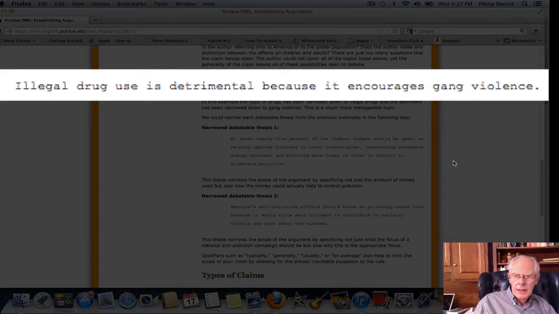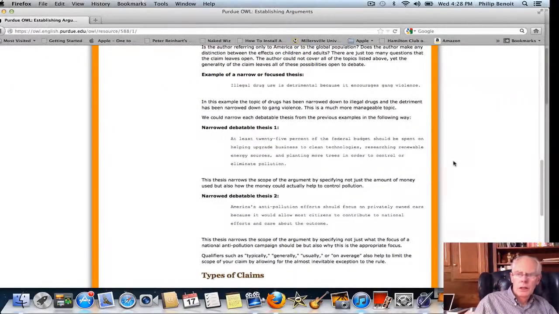Detrimental remains, but we're giving a reason. It's detrimental because it encourages gang violence. Okay, a very specific point that can now be argued. You can look at that in a sense that you can bring evidence to bear on, and you can make a case of drug use as an aggravator of gang violence.